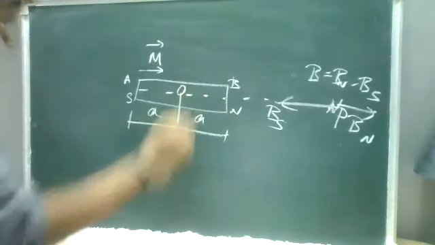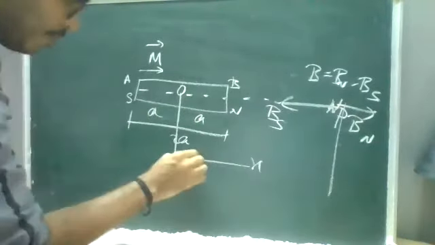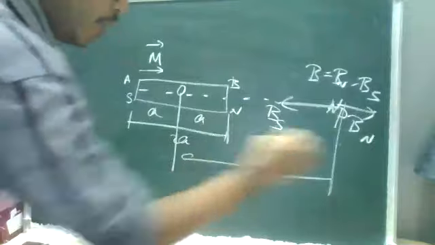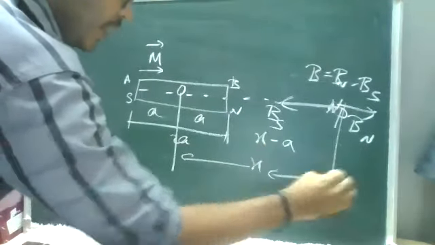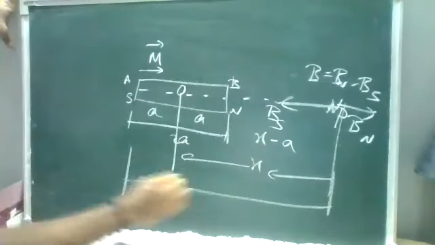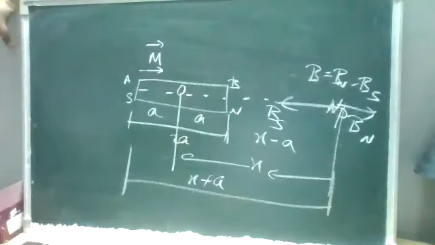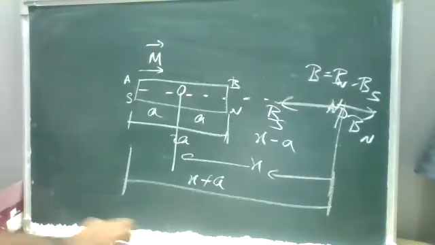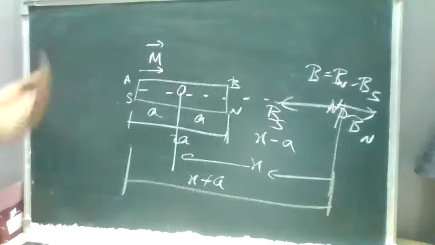The distance of P from the center is x. From the north pole to P it is x minus a, and from the south pole it is x plus a. It is the same formula as before, except there we discussed charges and electric dipole moment, and here it is the magnetic dipole moment.